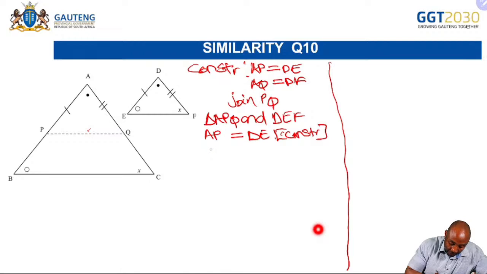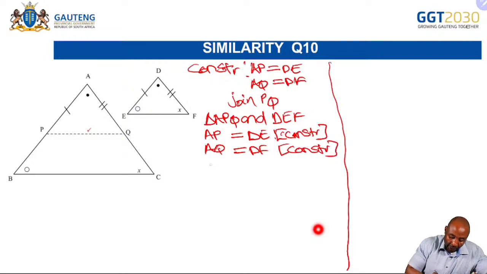Also, we will have AQ being equal to DF by construction, and then we will have angle A being equal to angle D. This one is given.